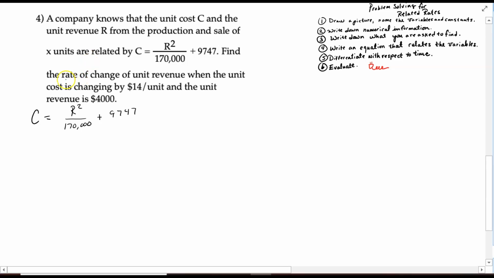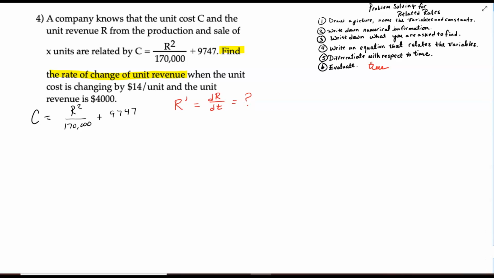They want me to find, and I'm going to highlight that here, it says find the rate of change of unit revenue. So what are they asking me to find? They're asking me to find R prime, which in Leibniz notation is dR/dt. This is the big question. So I'll write that in a different color.